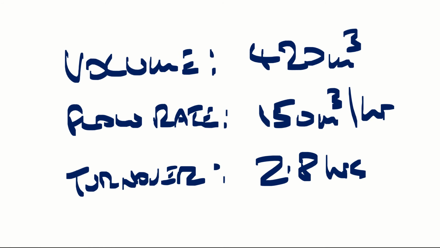The smaller the pool is, the quicker the turnover time needs to be. For example, you wouldn't want to have a spa pool or a small teaching pool with a turnover time that long, because the water is just spending longer in the tank, the tank being the pool itself.